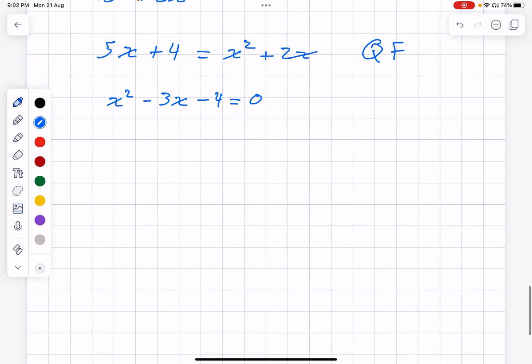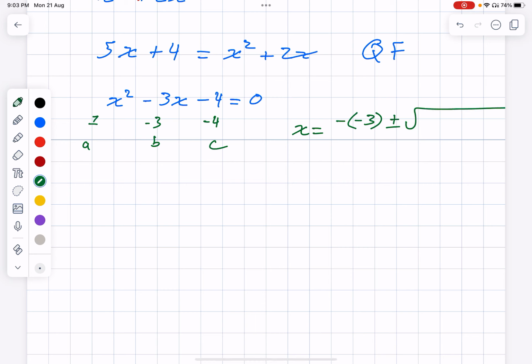So x will be equal to negative B, which is negative 3, plus or minus the square root of B squared, which is negative 3 squared, minus 4 times A times C.